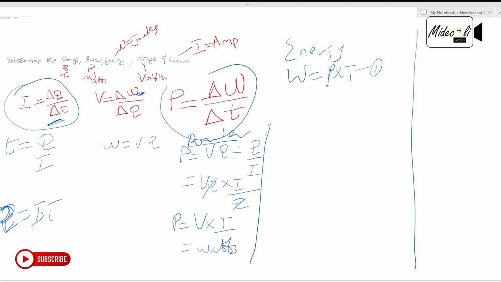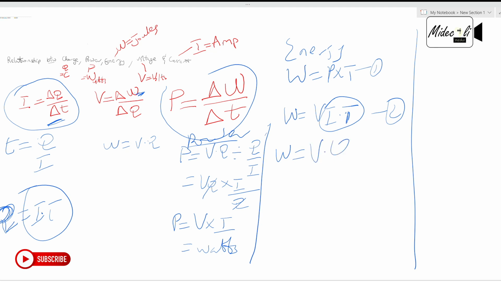We could simplify our power by saying W is equal to VI times T. We could go much further, saying that I times T here is the same thing as our Q. This is our equation 2, right? We could as well say that energy is equal to VQ, which is our equation 3.